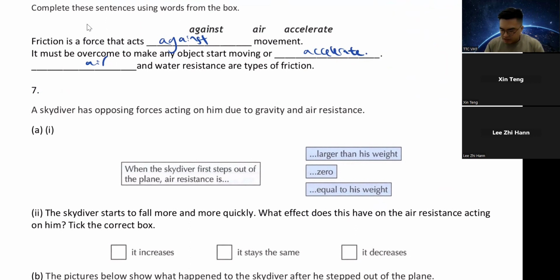Air resistance is larger than his weight. No, equal to his weight. Because this first jump out, so I think it's 0. I mean, it won't be 0. In real life, there's no such thing as 0 friction. But let's just assume that.